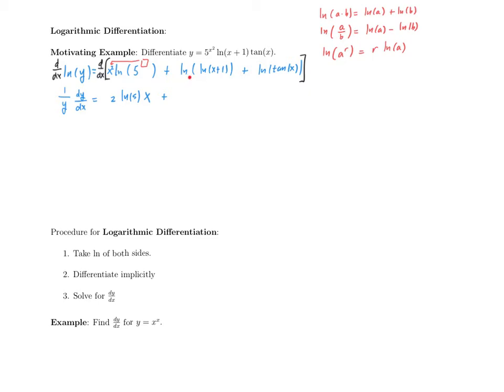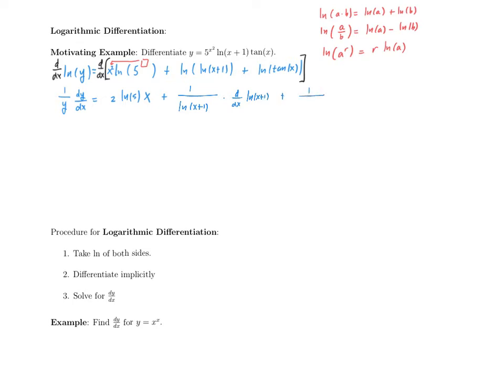Then we can use a chain rule to differentiate natural log of x plus 1. We differentiate the outside function, 1 over, evaluate it at the inside function, and we multiply it by the derivative of the inside function. And then the same thing with the third term.